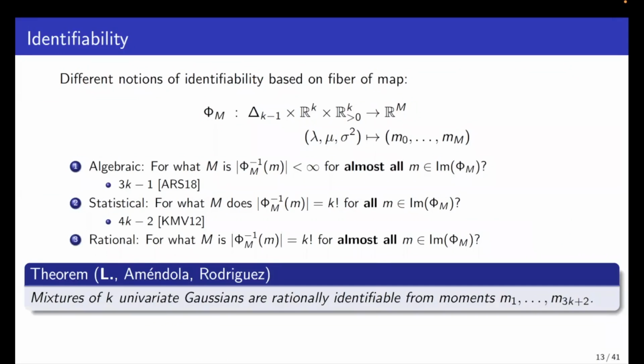Now, because again we have 3k unknowns, you might think moments M0 to M3k are enough for rational identifiability. And this is what we conjecture is actually true. So we think that this 3k plus 2 could be knocked down to 3k, but at least for now, this is the best bound that we have for rational identifiability.